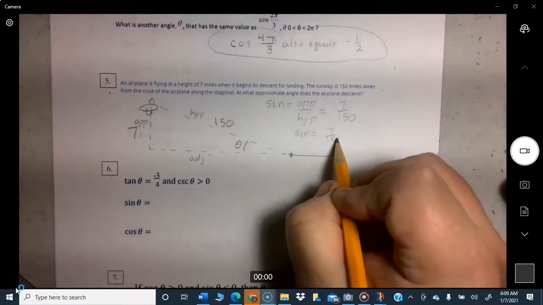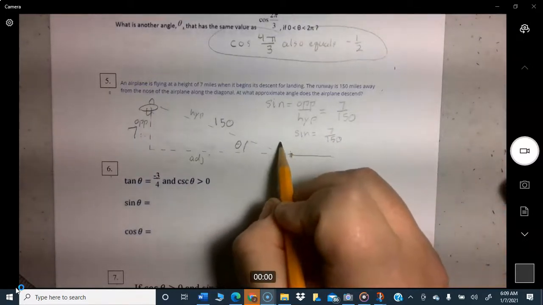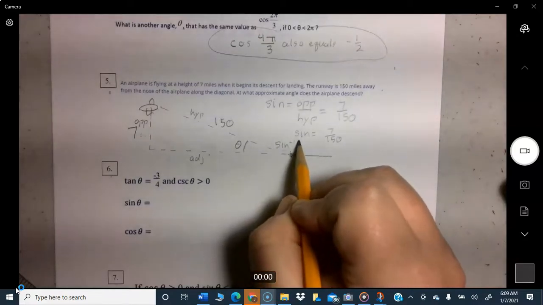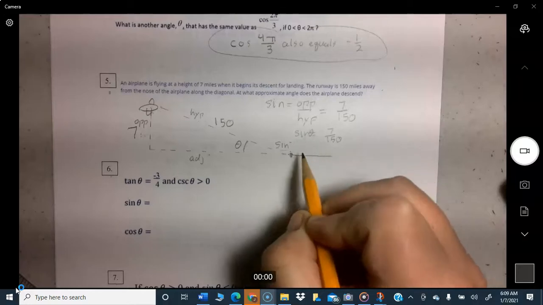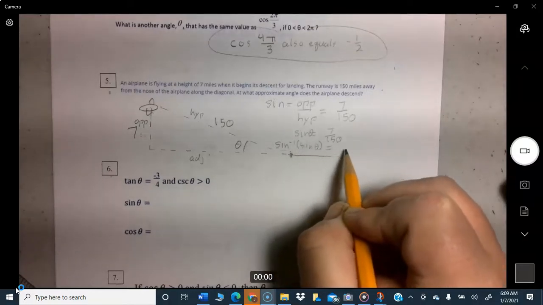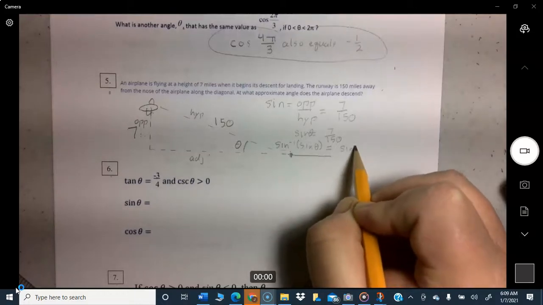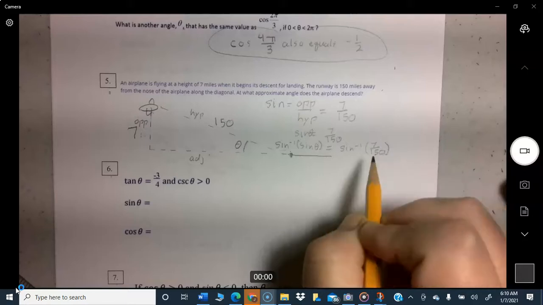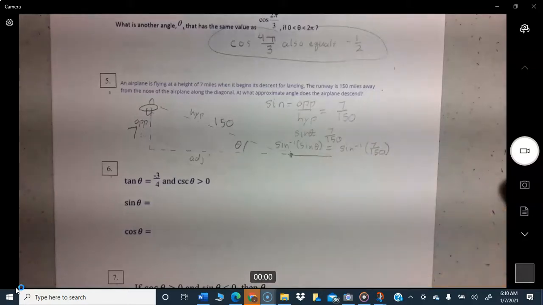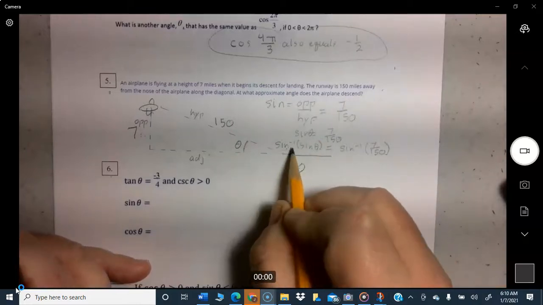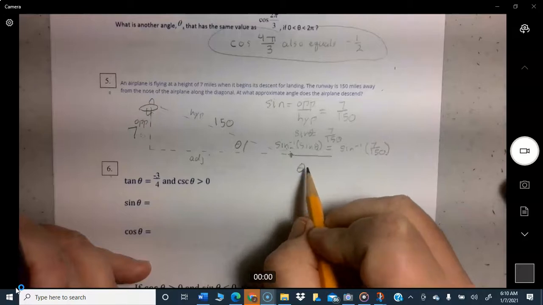So if we want to know that angle, we have to take the arc sine, sine to the negative 1. So theta equals inverse sine, or arc sine, of 7 over 150. Okay, so you're going to go to your calculator, and I'll just write it down here. So this becomes theta. It unwraps the theta out of the sine.